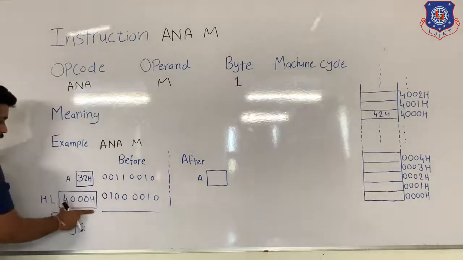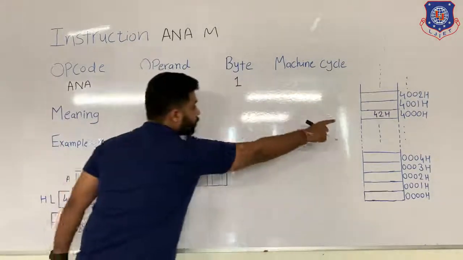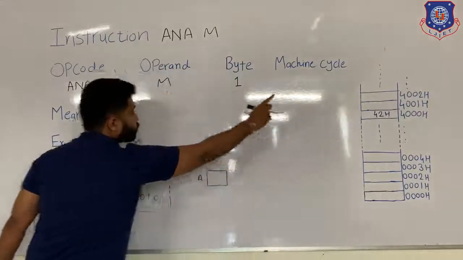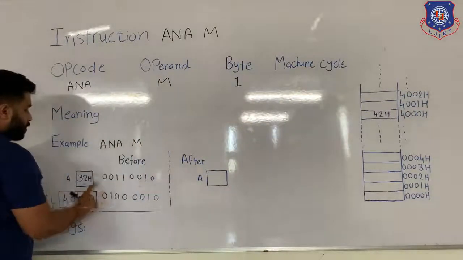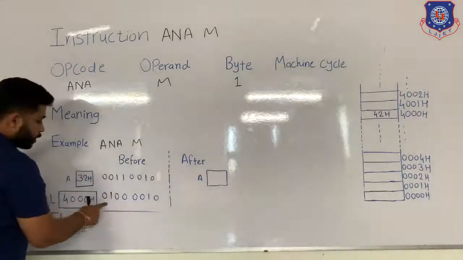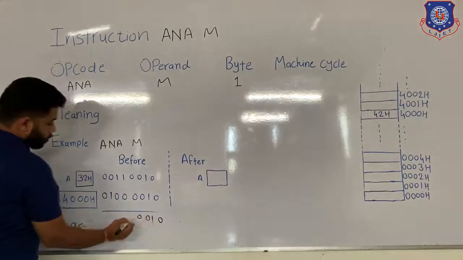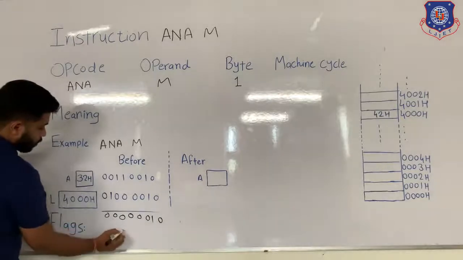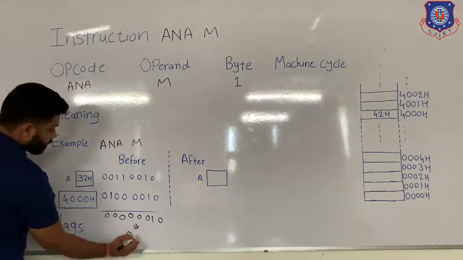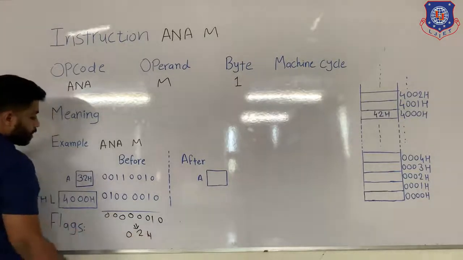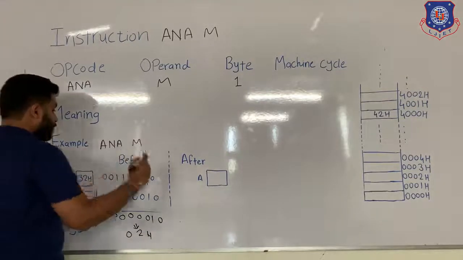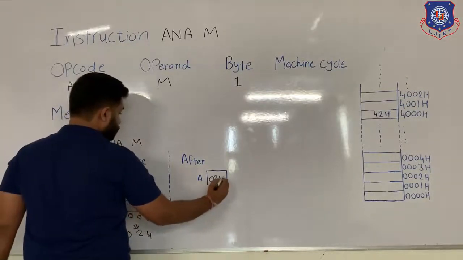So in the HL pair is 4000H, and the content of 4000H is 42H. So logical AND will be performed between 32H and 42H. If you convert the result into hexadecimal, you will get 02H. So after the execution, in the accumulator we will get 02H.